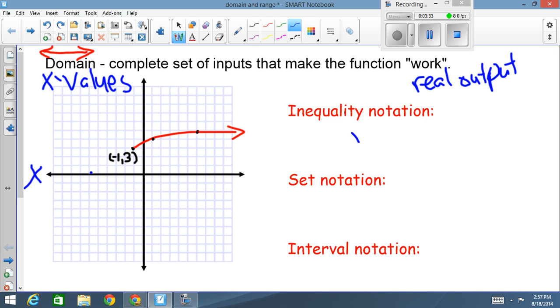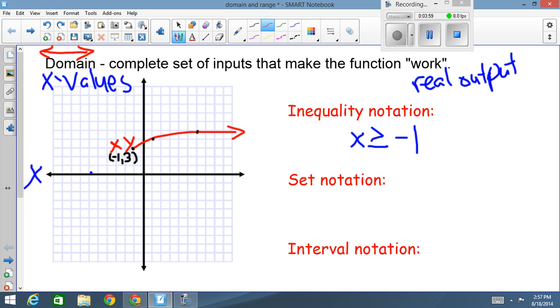So x is going to be greater than or equal to -1. And remember, the point -1, 3 is right here. The -1 is my x value. The 3 is my y value. So that's why I'm dealing with the -1 and not the 3. So my domain says that the x value has to be greater than or equal to -1. Those are the ones that work.